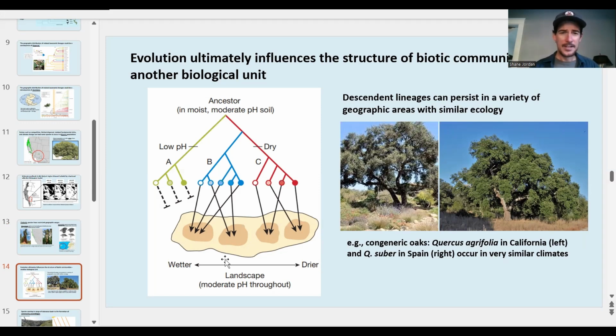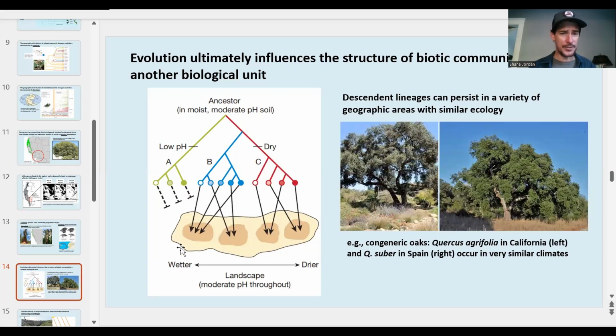Now, this is a complicated framework on the left that explains this, but basically, there might be the common ancestor of some particular lineage, which is pre-adapted to moist conditions with moderate pH soil. And maybe one lineage disperses into an area with low pH, and its descendants basically all go extinct because they can't deal with those conditions. But maybe the other lineage is able to disperse into areas where the conditions are conducive to its survival according to the amount of moisture in the landscape.